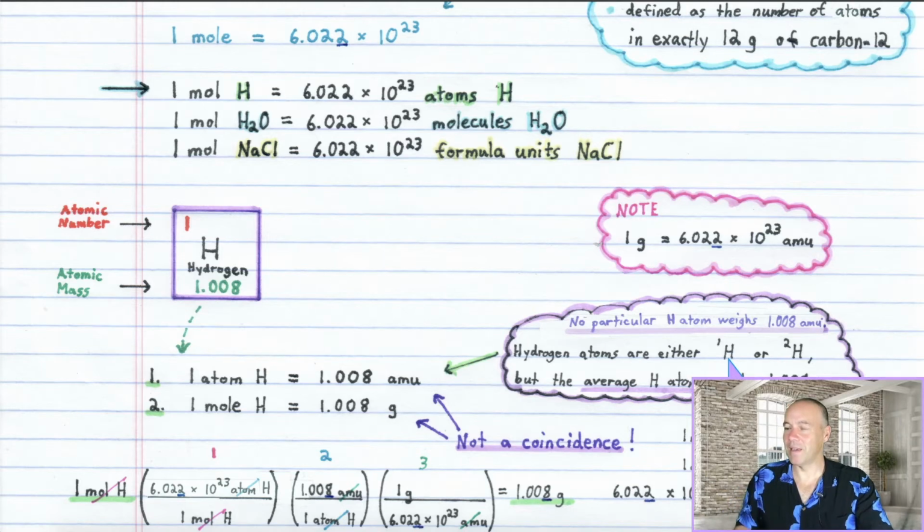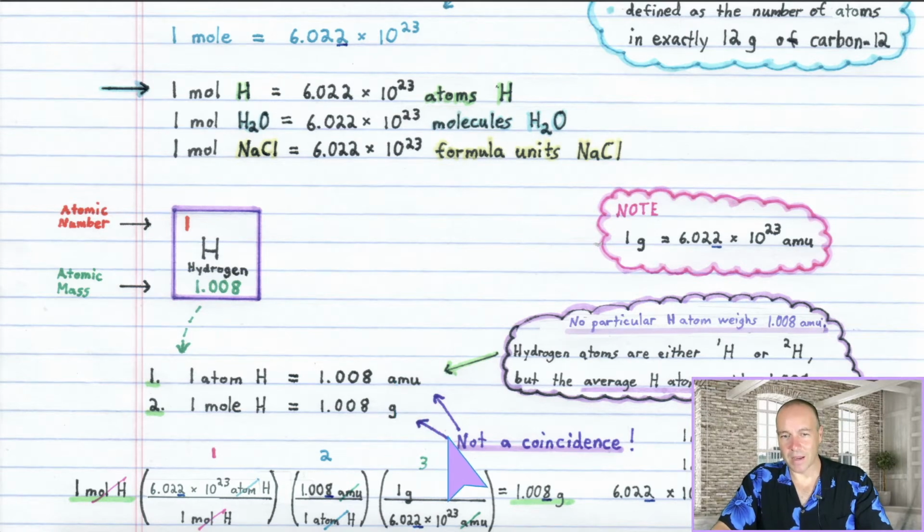So just like the average American family has 2.5 kids, no American family has that many. They either have 1, 2, 3, or 4, but the average family has 2.5, and the average hydrogen atom weighs that many atomic mass units. Now, the second interpretation of this number is that it tells us how heavy a mole of hydrogen atoms weighs. 1 mole of hydrogen weighs 1.008 grams.